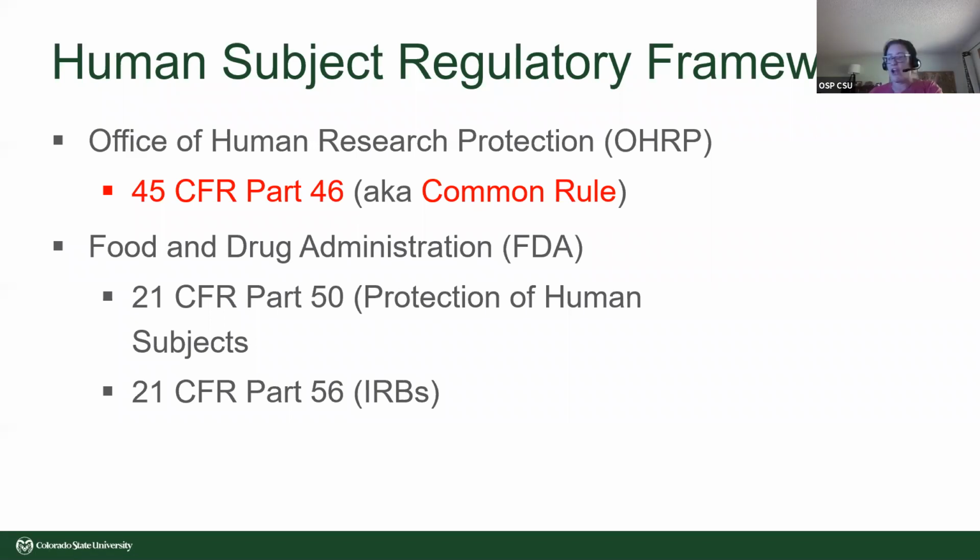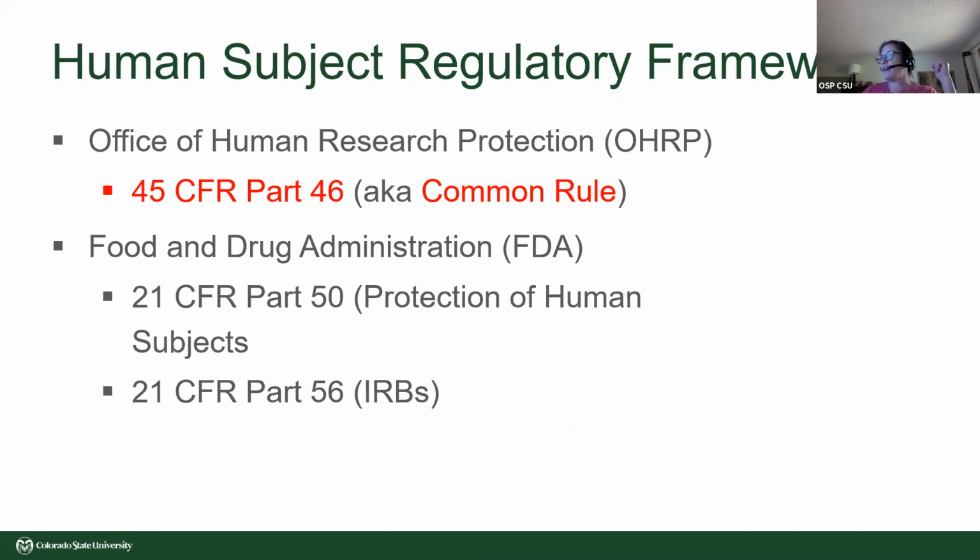Again, I've only given you the CFR references, so that way if you want to go and actually read, if you go to the online CFR, you can put in the title and the reference and pull those right up and read all of this information for yourself.